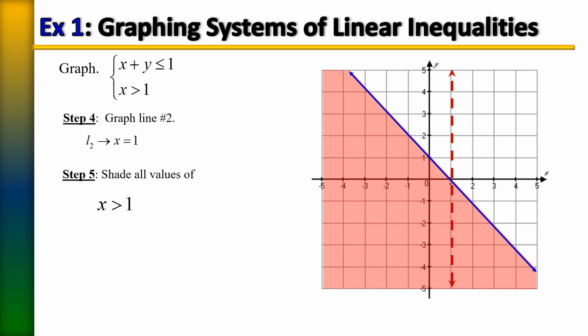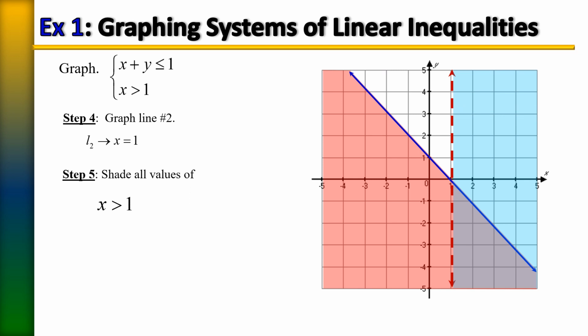It says we're going to shade all values of x that are greater than 1. So would the left side of that vertical line be greater than 1? Or would the right side of my vertical line be greater than 1? If you said the right side, you are correct. So let's go ahead and shade that side.